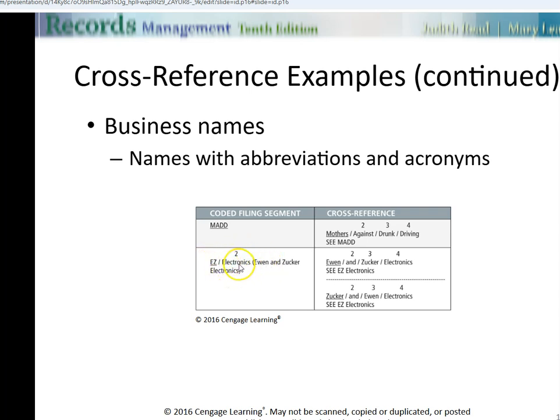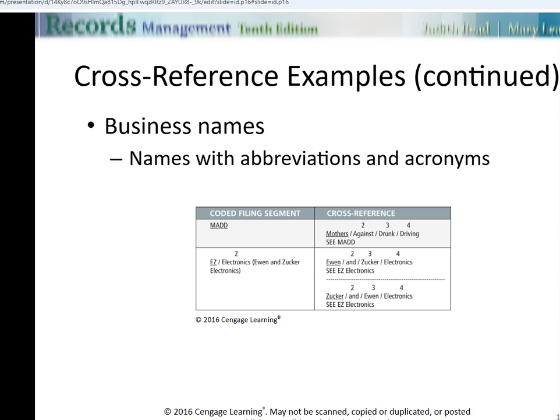The original file it would be filed under is E for Easy, and then Unit 2 would be Electronics. We would then need to create a cross-reference, first for the full spelled out name, so Ewan and Zucker Electronics would be my first cross-reference. My C notation would be for the original file it was filed under, so C, Easy Electronics.